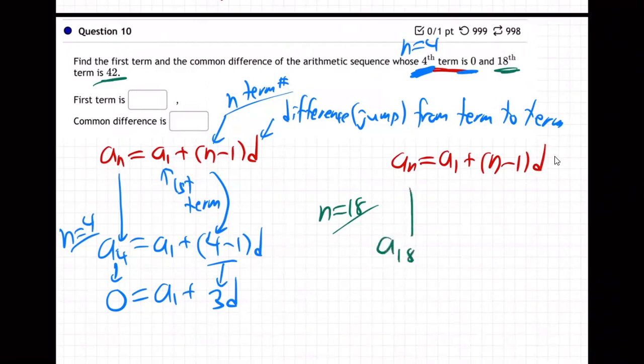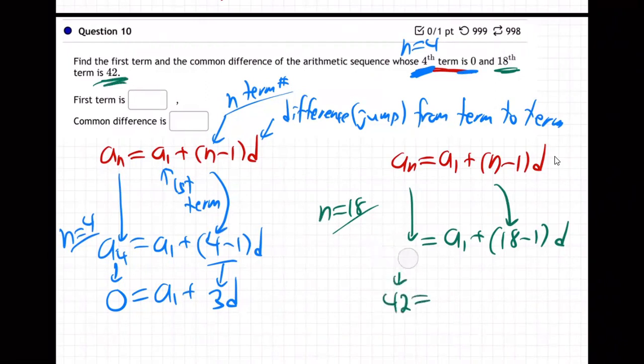So a sub 18 equals a1 plus 18 minus 1 times d. The 18th term is 42. So a sub 18 is 42, which is a1 plus 17d.